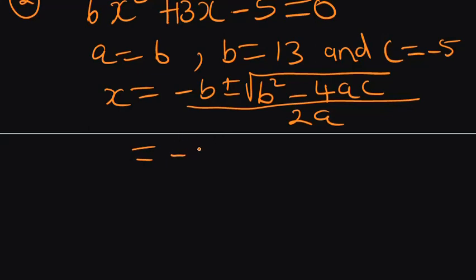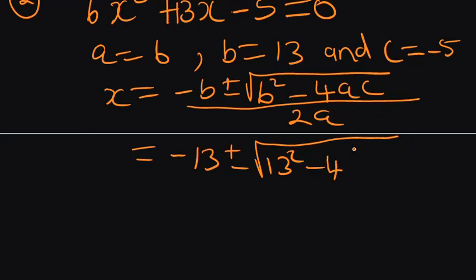We will have -13 plus or minus the square root of 13 squared minus 4 times a which is 6, times c which is negative 5. Please make sure that the square root covers everything. Right.